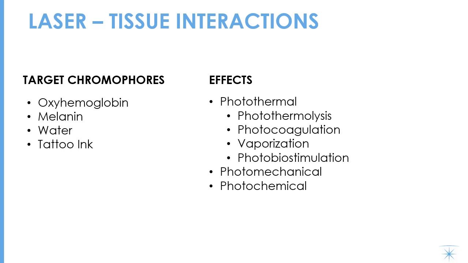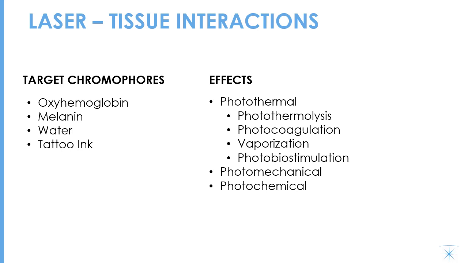Also, there is another laser tissue interaction called the photomechanical effect, and this is what we use for treating benign pigmented lesions and tattoos, where we are using Q-switched lasers with a very short pulse duration, and this short pulse duration is associated with higher peak power. With the higher peak power, we are going to get this photomechanical effect and explosion.